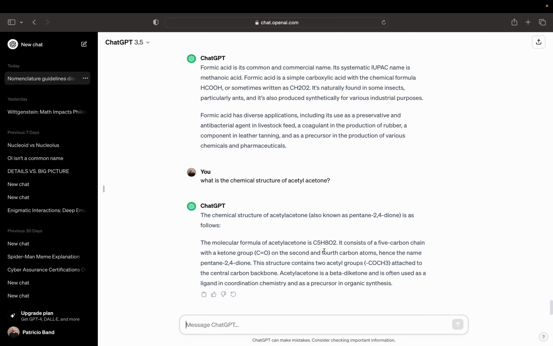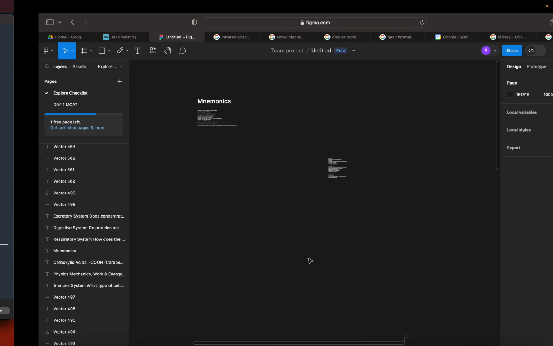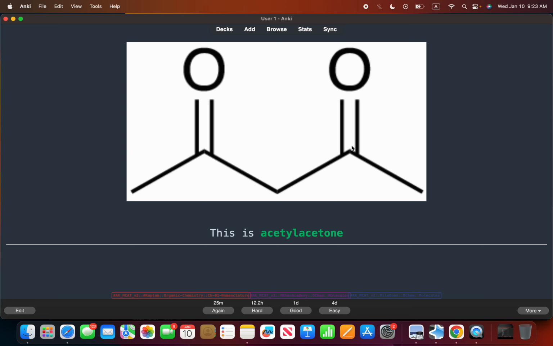Acetyl groups are CO and then CH3. So attached to the central carbon backbone. So this is the central carbon backbone.